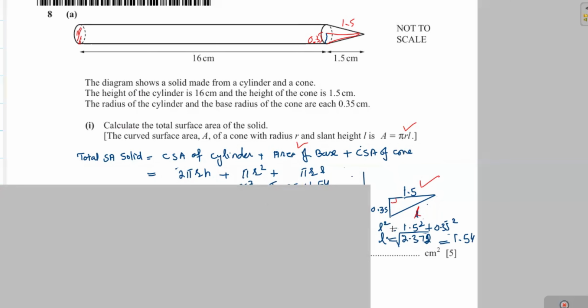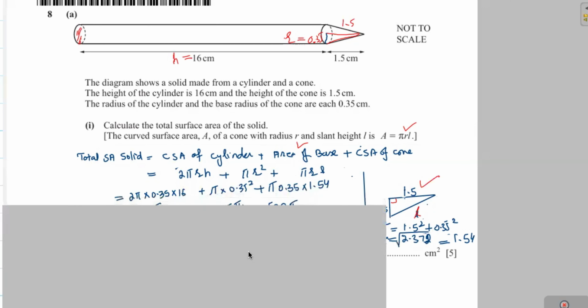Using the Pythagoras theorem, we can find the slant length L. Now this L square will be equal to 1.5 square plus 0.35 square. And this sum of square value equal to 2.372. And we will take the square root, we get 1.54. The slant length 1.54, radius, look here, is 0.35. And this is the height of cylinder, this value 16 centimeter. We will substitute this value here in the formula.